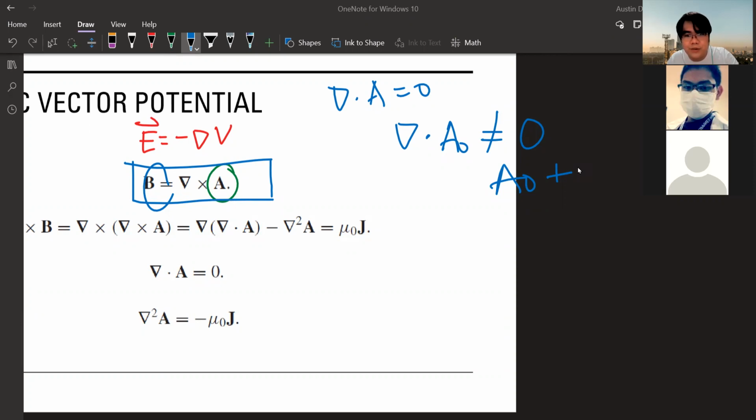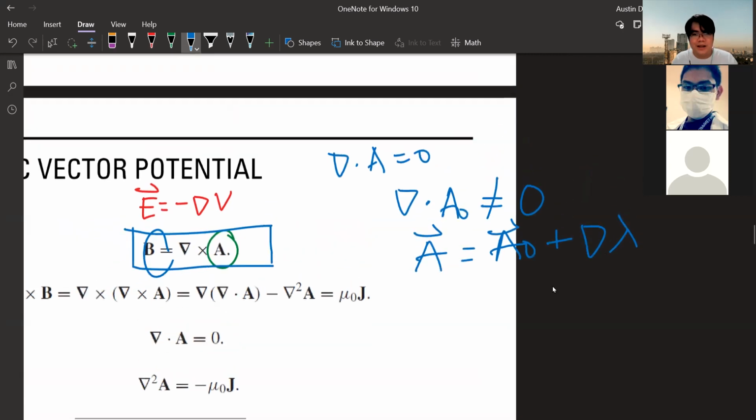Let's take that to be kuha tayo ng some gradient of some function lambda. Okay? And then, suppose this is our new A. Okay? So, bakit natin ito ginagawa?